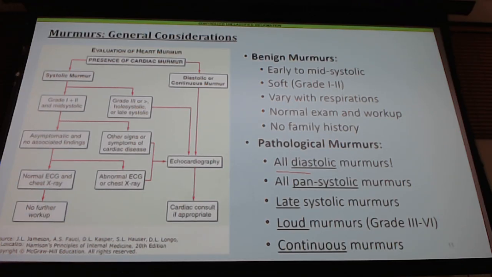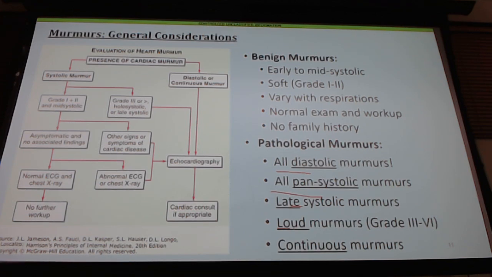If it is pan-systolic, pathologic, and then a late systolic murmur is pathologic. But then the last thing is a loud murmur is pathologic. And what meets the definition of loud is if you graded this as a 3 out of 6 or greater, that is pathologic.